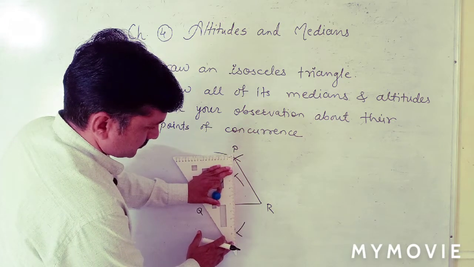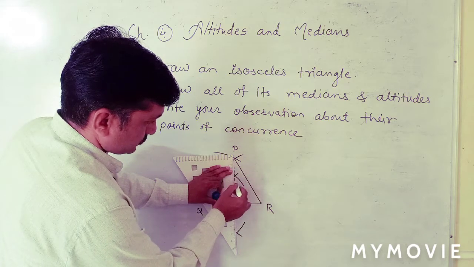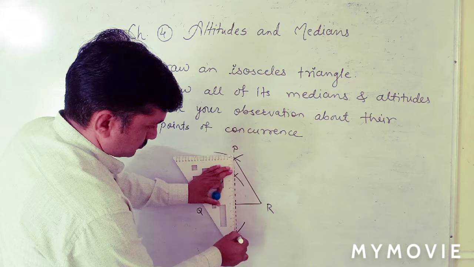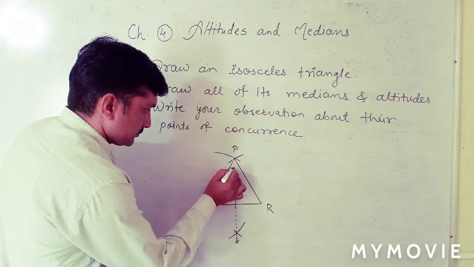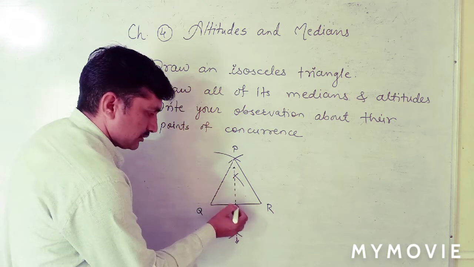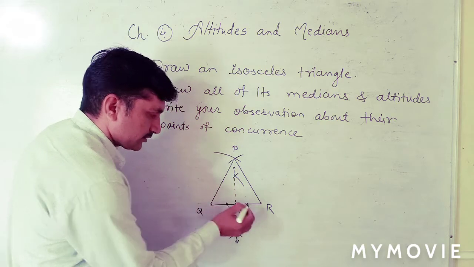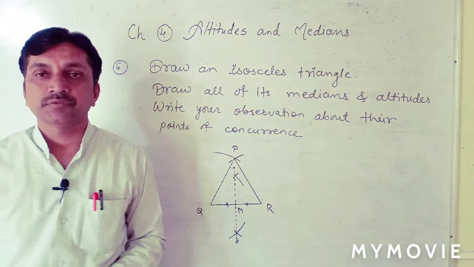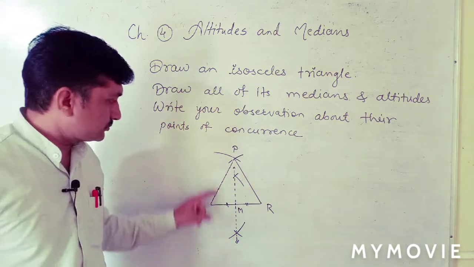Now here draw a line passing through here. Here midpoint M, I write the name, identical mark. We got here. Okay. Now second, PQ.